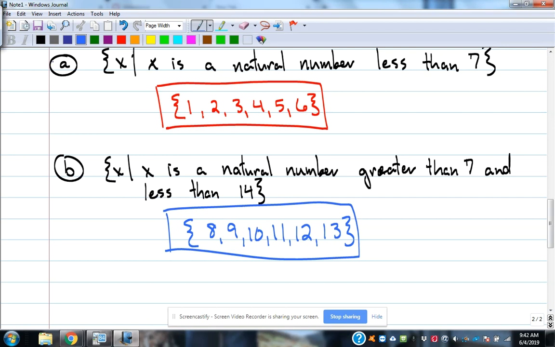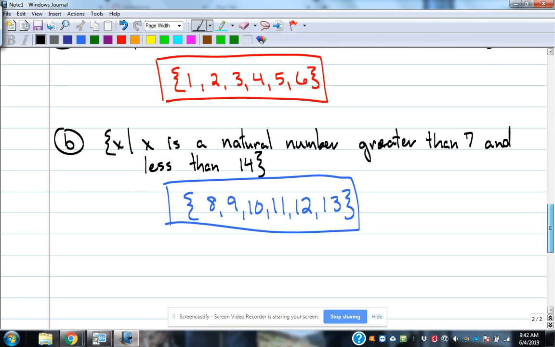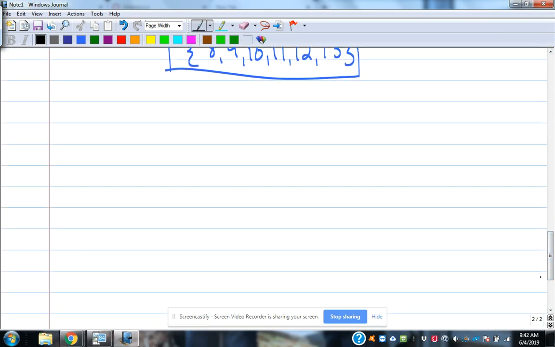All right. So let's talk a little bit more about sets in general. When you're talking about sets, there's a thing called the universal set. The universal set is basically everything in a discussion.